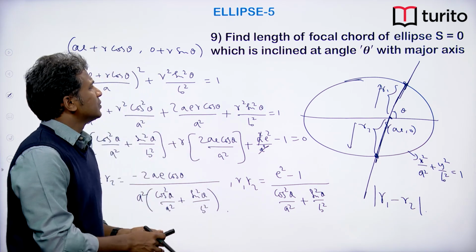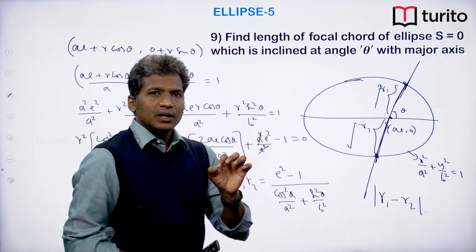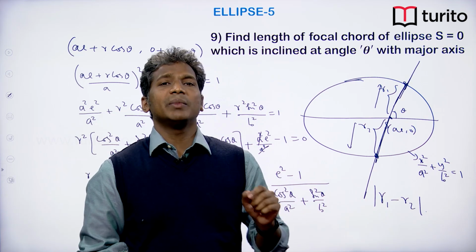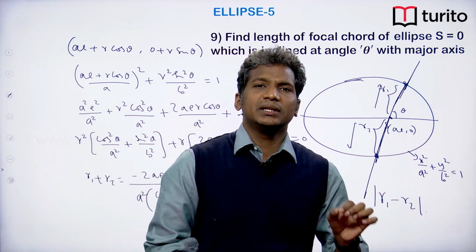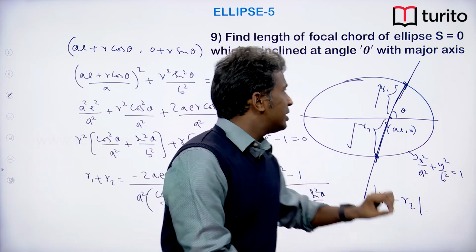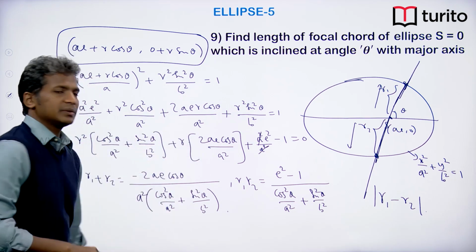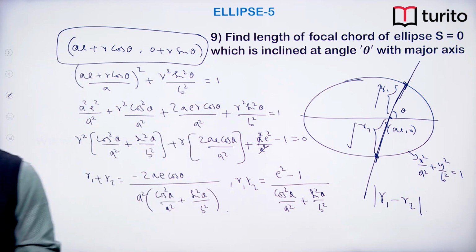Okay. So, this is one way of solving it, and when it comes to any situation where a tangent or chord is already making an angle of theta with x axis, especially when it comes to chords, we prefer using this parametric form, which will make our algebra very simple. Okay. So, quickly make a note of this.